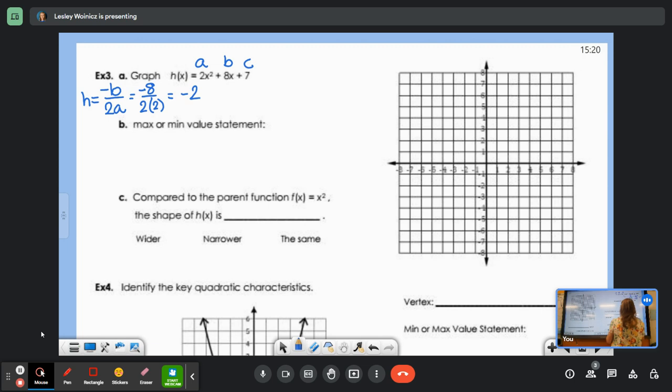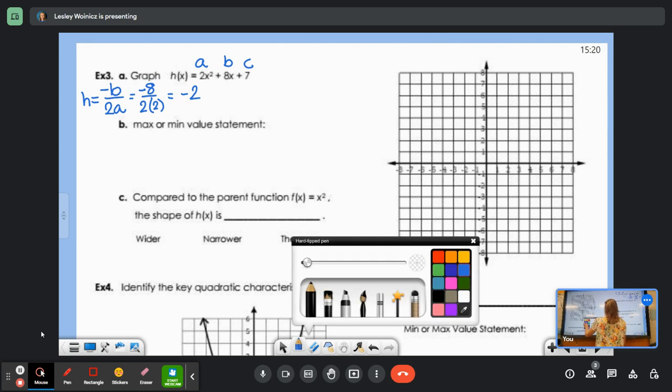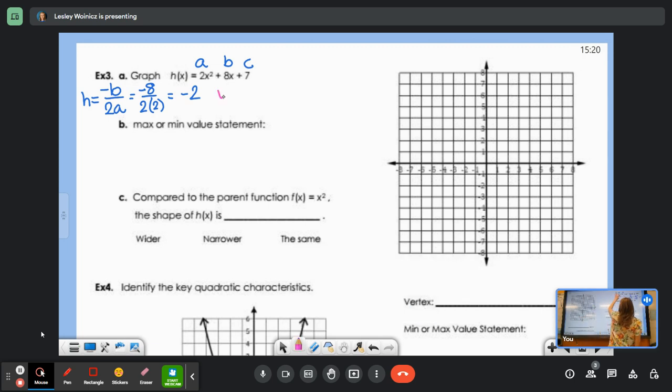So that's my h. Now I can plug that in. So my y is going to equal 2 times -2 squared plus 8 times -2 plus 7. That's long, yeah, but your calculator will do that whole thing.